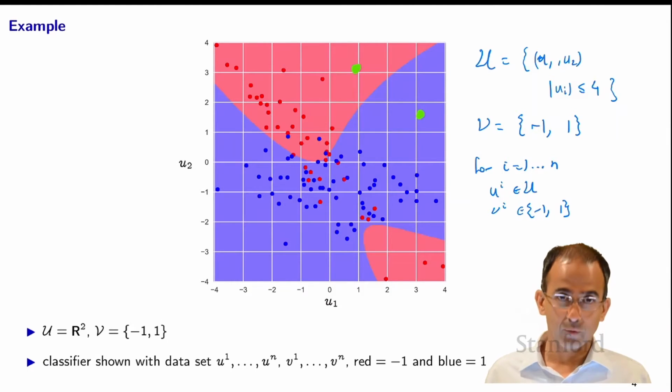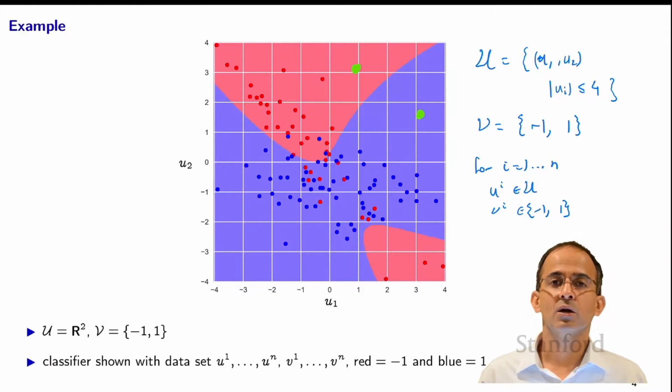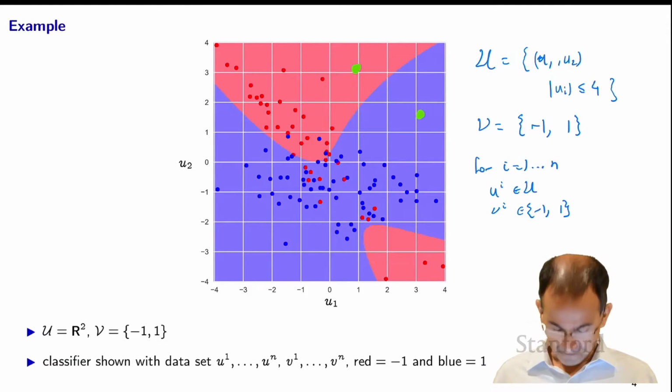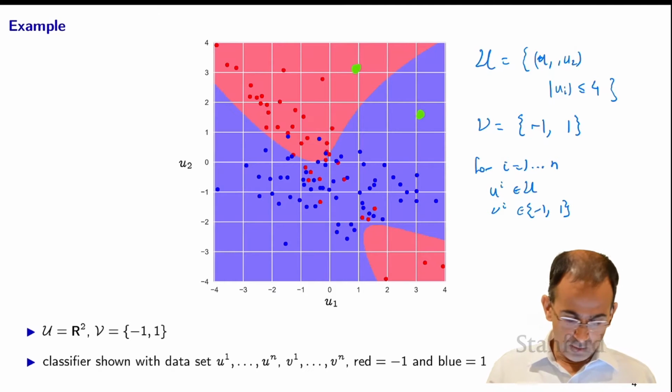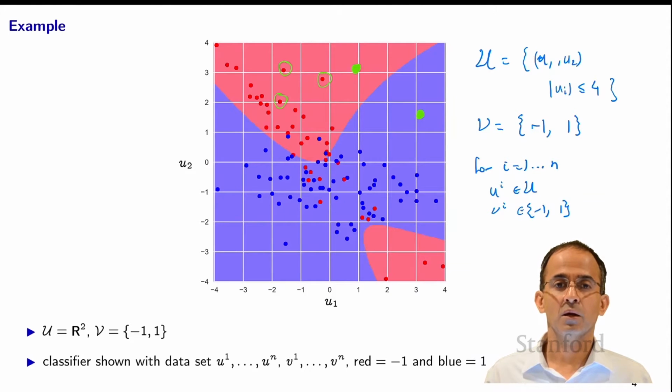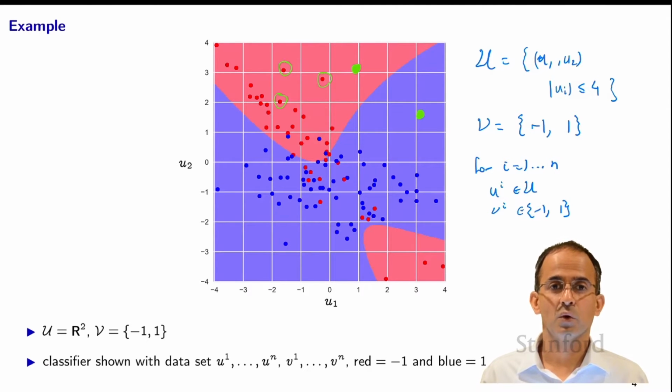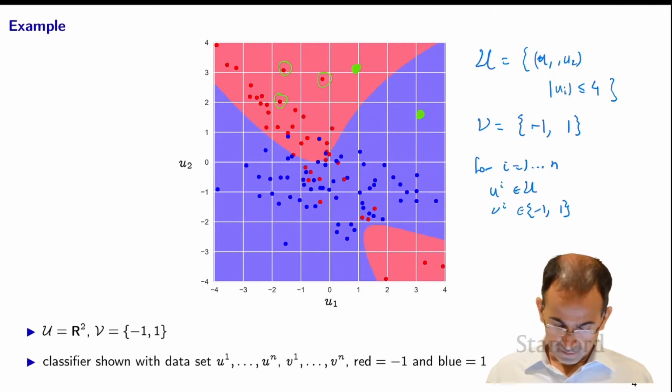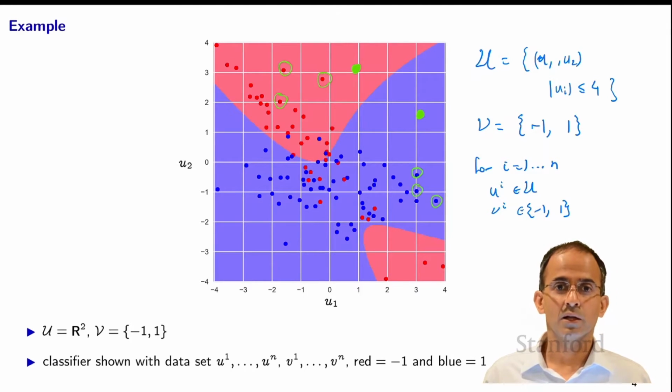In particular, if we look at how well it is doing on the training set, well, there are points such as these points where the true value of vi is -1 and the prediction is also -1. And there are points like these ones where the true value is 1 and the prediction is also 1.